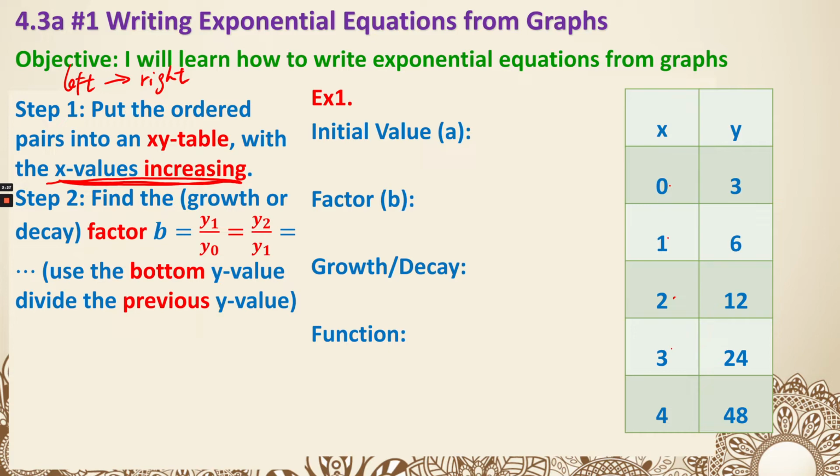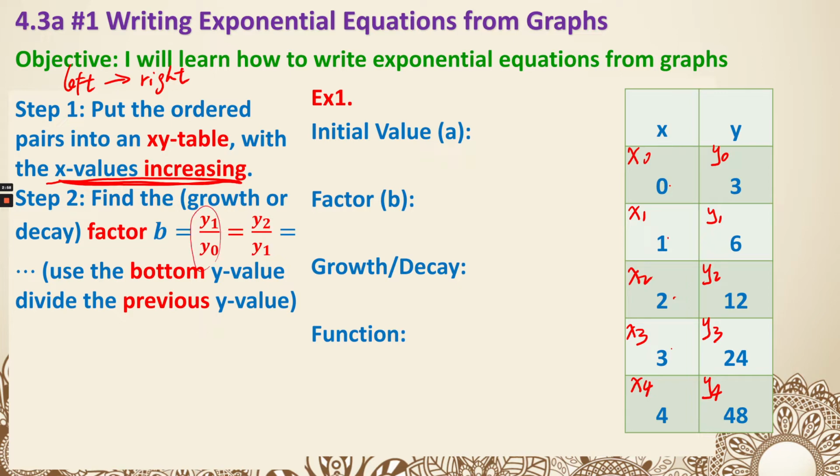Because we are given a table and we don't know what kind of numbers we're going to get, we label these positions: x sub 0, x sub 1, x sub 2, x sub 3, x sub 4. These are just the labels. Correspondingly, we have y sub 0, y sub 1, y sub 2, y sub 3, and y sub 4. Now we take the bottom one and divide by the previous one.